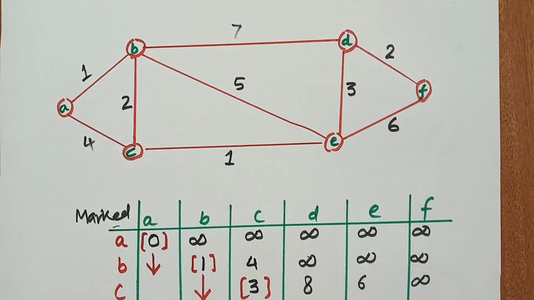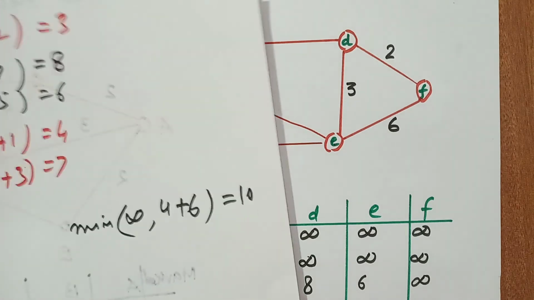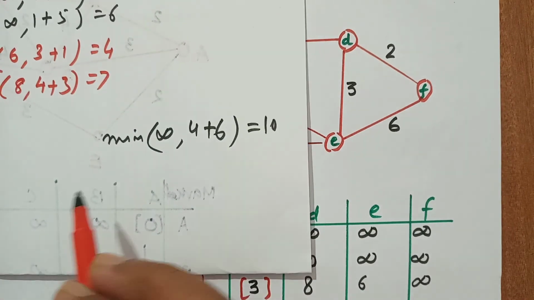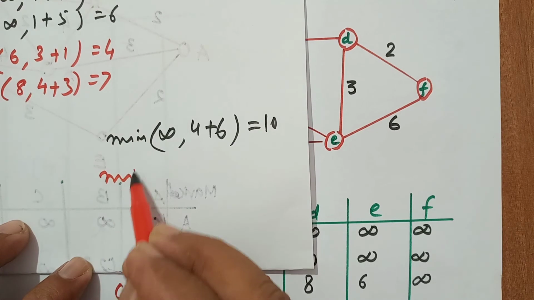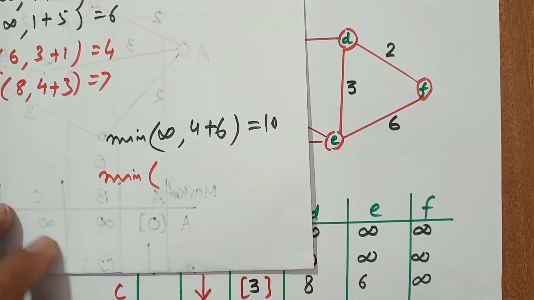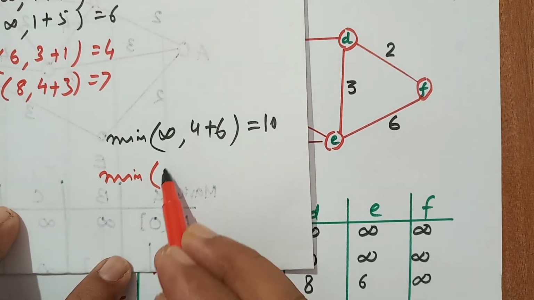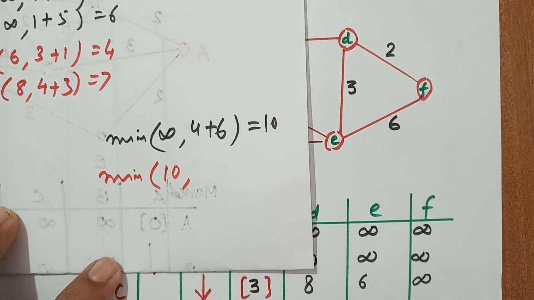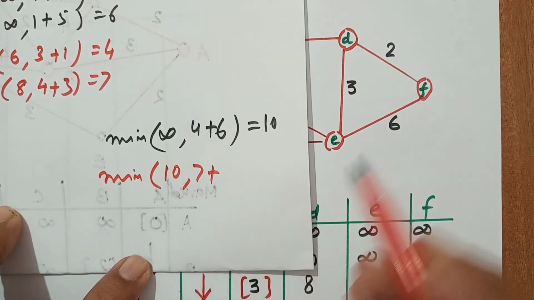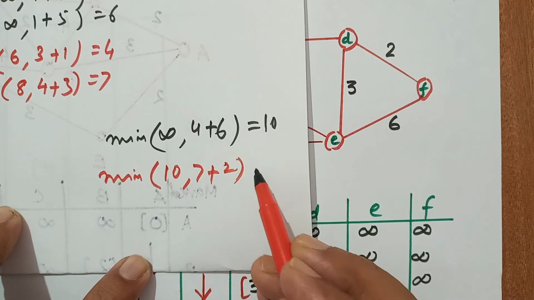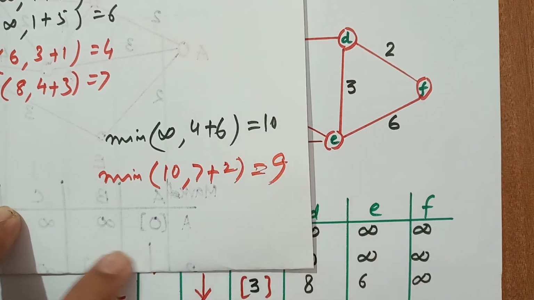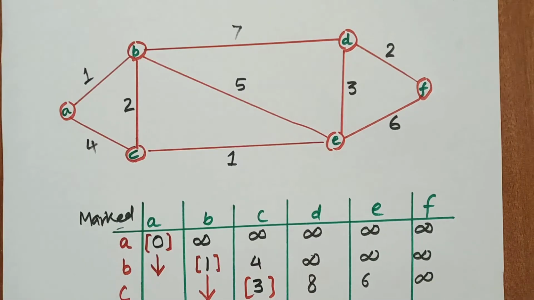So D to F, what is the formula? Again, we will use the formula D to F. So minimum of old destination of F 10, marked value 7, weight 2, so this is 9. Okay, so we will write here 9.